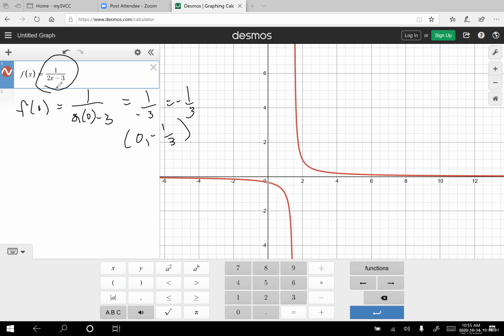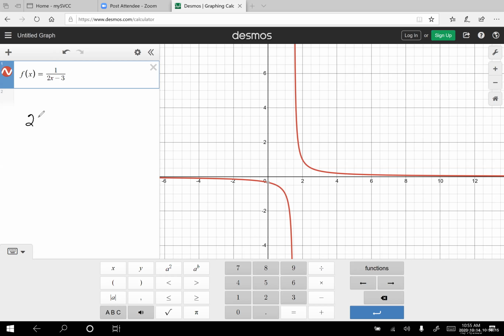So that's okay. But this is a fraction, and there are potential problems here. And I can see from my graph, I have it going crazy again. The question is, where is it going crazy? What value do I have to exclude? You have to look at the denominator right there. And the question you have to ask yourself is, where is that 0? What makes 2x minus 3 0?